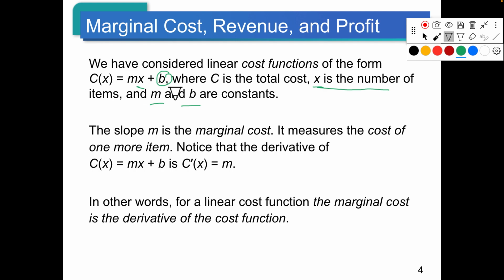So a lot of times we could do marginal business analysis with just a linear function without really ever thinking about calculus. We just say, oh, the slope, that's our rate of change, that's our marginal. With a linear function, that's all we do. But when we get to things that are not linear, we're going to need that derivative. And the concept's the same, but the math behind it's one level up.